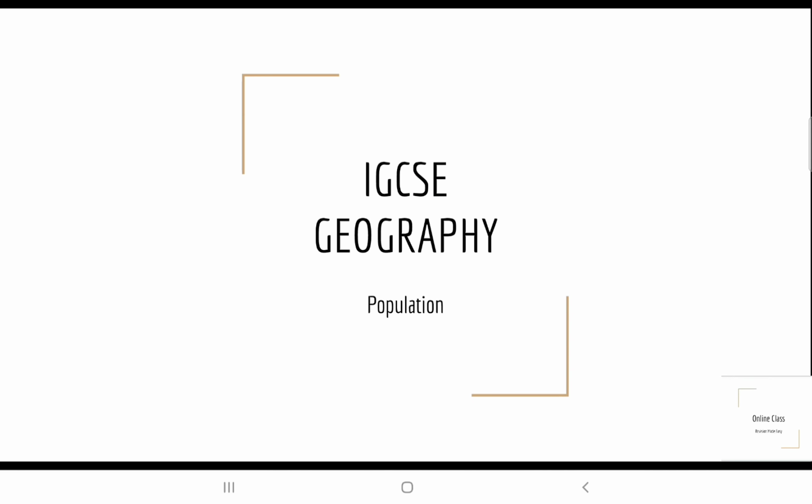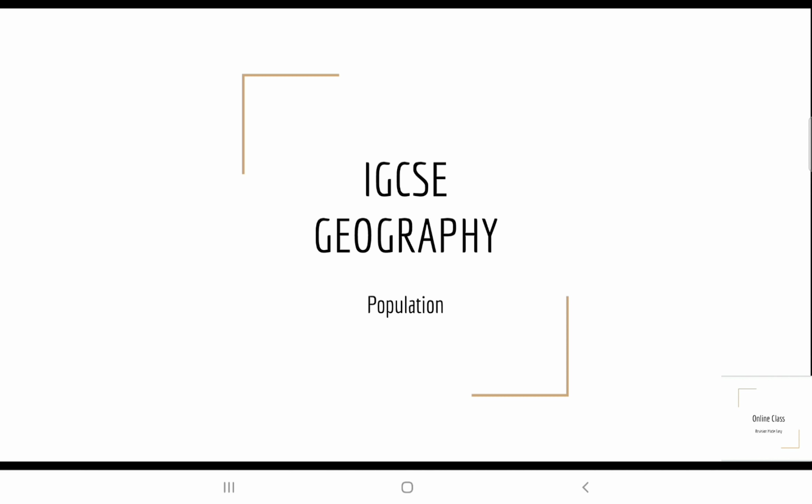Okay, so today we're going to look at the IGCSE geography and O-level geography topic of population. This is one of the main topics in both IGCSE geography and O-level geography. The content for the IGCSE and for the O-level is exactly the same.